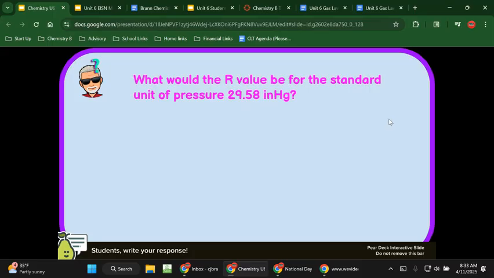It says IN, inches of mercury, inHg. It's a different unit of pressure. It is not one of the four that I have given you. So you should be able to use this to calculate an R value.